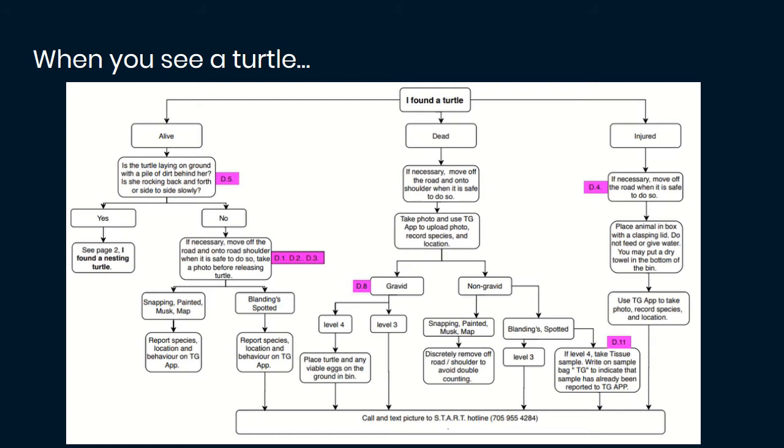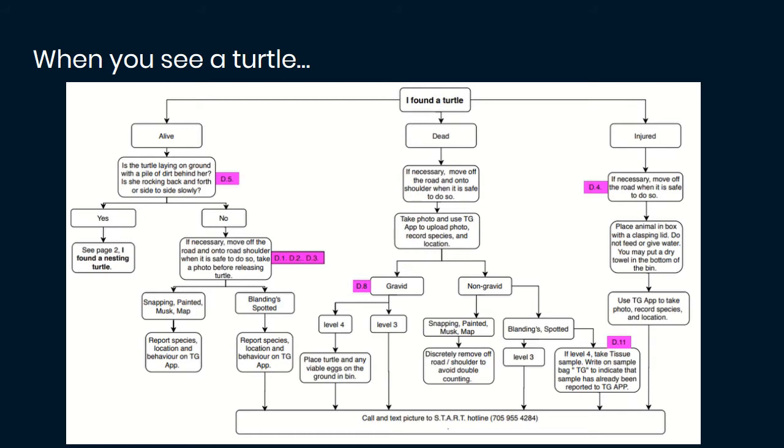So we want to remove her, or him, it could be a him, completely off the road. However, if it's a Blanding's or spotted, we are going to call because the start hotline will likely want some specific information about that individual. So we are going to call them. Again, there are some different instructions if you're a specialized volunteer.